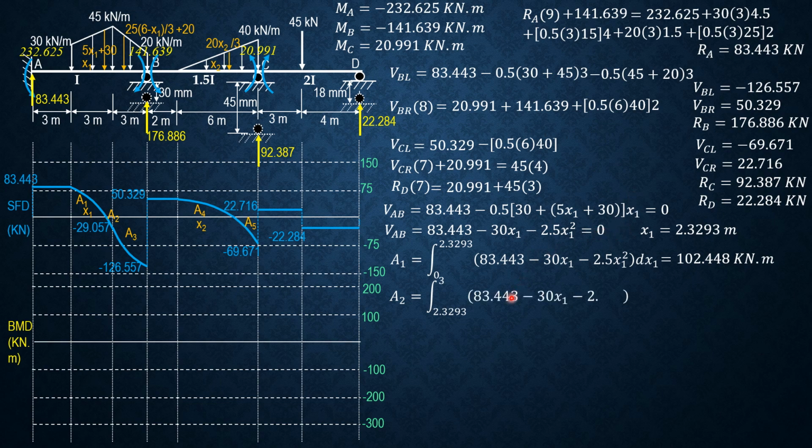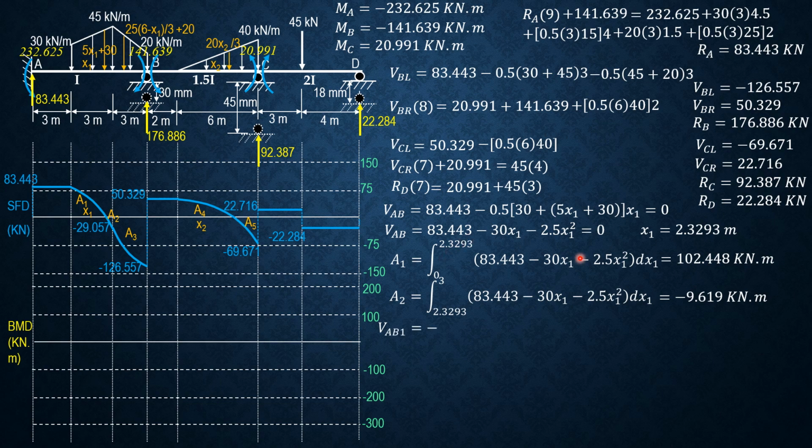Simplifying and set to 0 to solve for x1 because shear is 0 here. So shear AB is 83.440 minus 30x1 minus 2.5 x1 square equals 0. So from there, x1 is equal to 2.3293 meters.